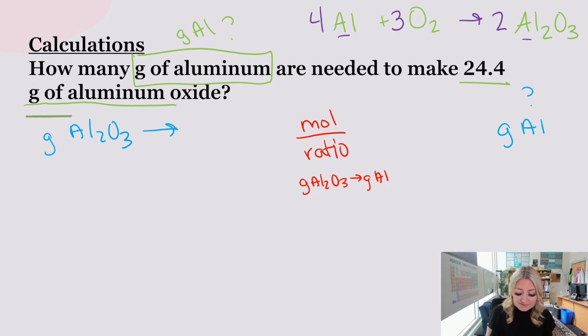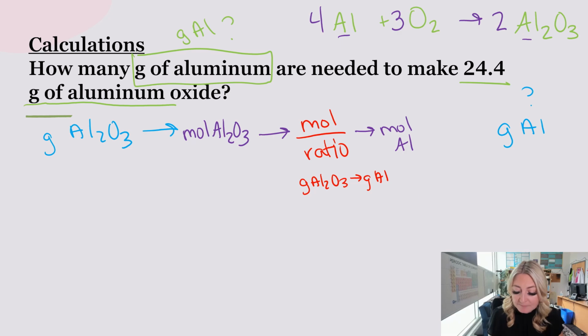So my first step is going to be to take grams of aluminum oxide and convert that to moles of aluminum oxide. Once I'm in moles, then I can cancel moles of aluminum oxide and wind up with moles of aluminum. So after the mole ratio, I'll have moles of aluminum, and I can use my mole map. I can use the molar mass to convert from moles of a substance to grams of the substance.